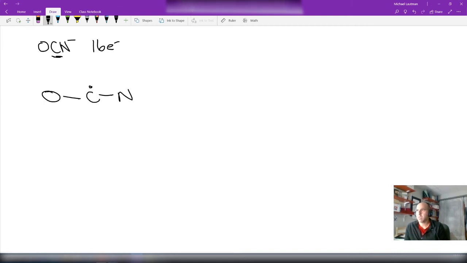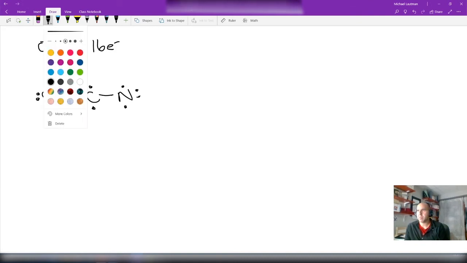So 1, 2, just adding in what we think are the missing electrons. This gives me 15 electrons, right? This is just with the normal atoms. And then I have 16, and that extra one is going to go with the oxygen, because oxygen is the most electronegative element in the molecule. So that puts me there.